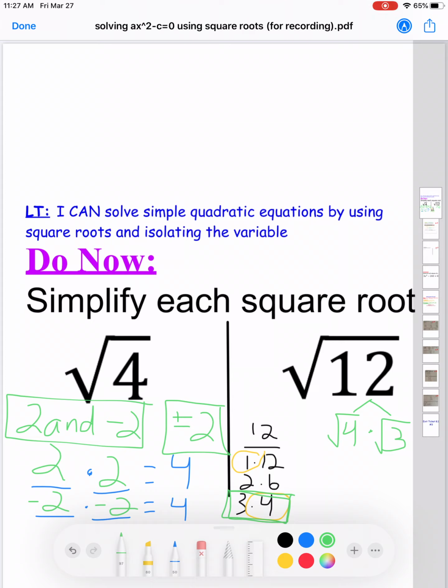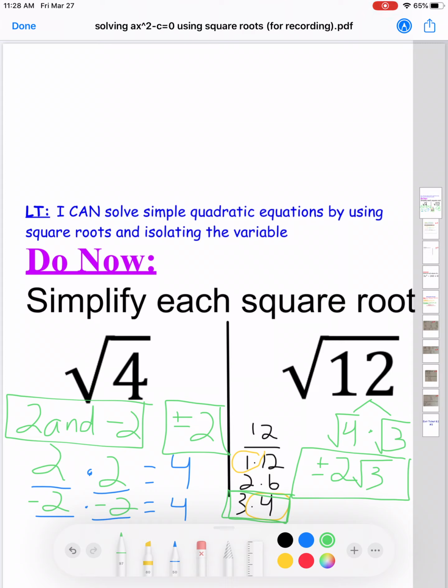Mathematically, I haven't really done anything yet because 4 times 3 is still 12. But I know from the first do now question that the square root of 4 can be simplified to 2, and it can actually be plus or minus the square root of 2. So our answer here would be plus or minus 2 square root of 3. That square root of 3 just drops straight down.